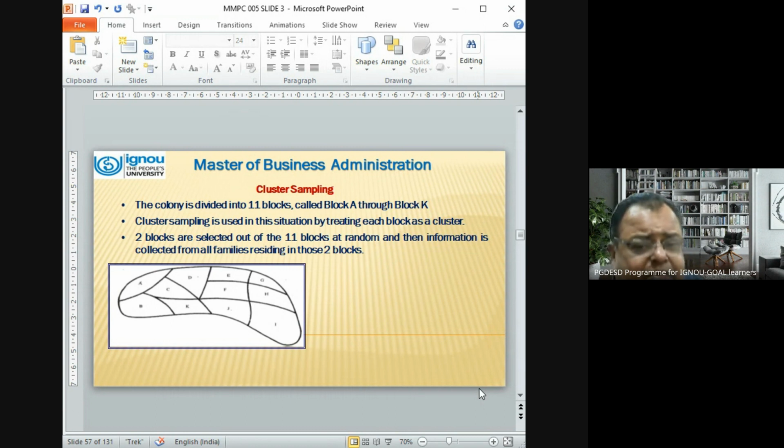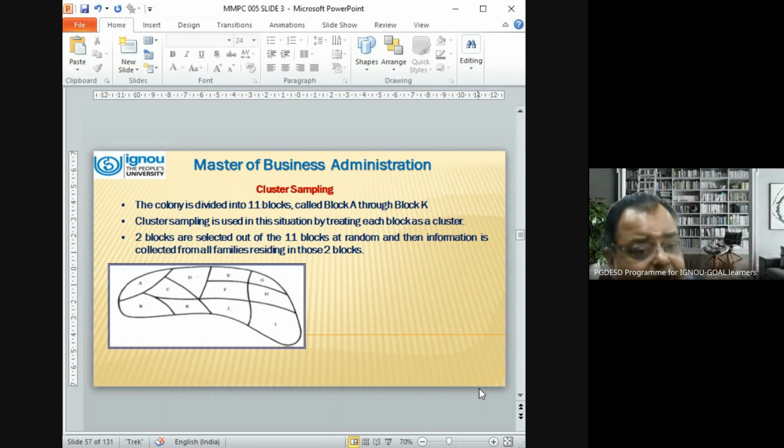Depending upon the block, that is basically a government residential place where different types of flats are made. But in a particular block, a single type of flats is prepared.